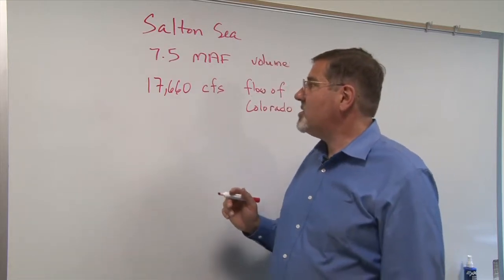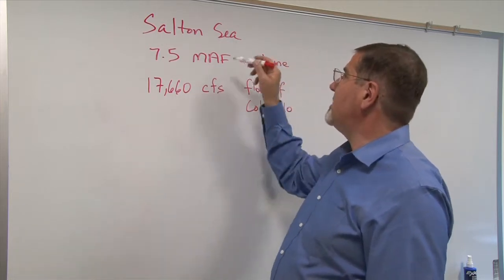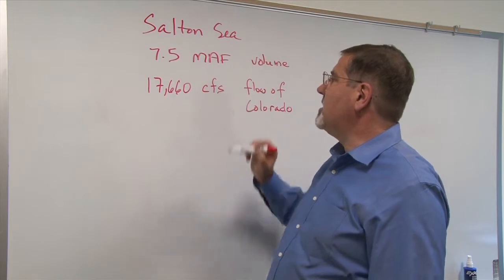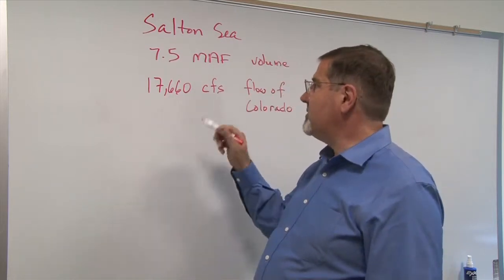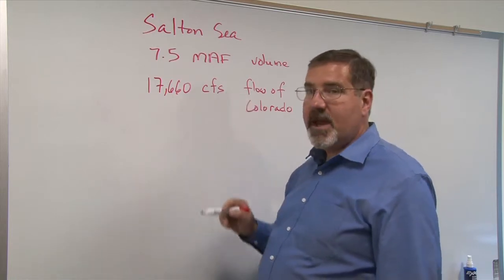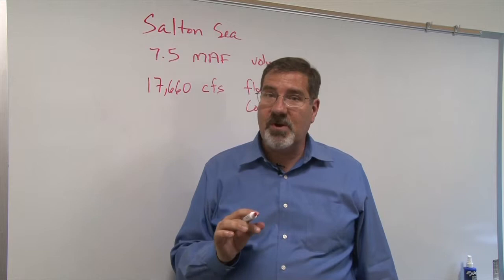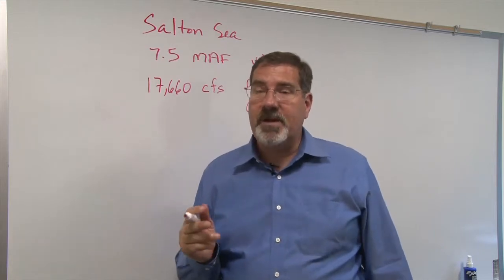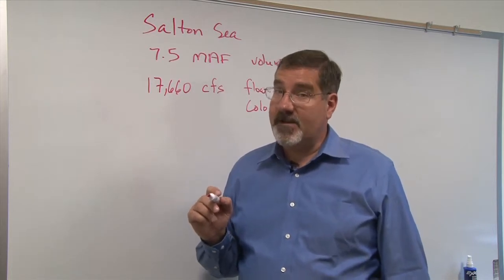So let's start doing some math, and basically what we have to do is some conversions to get million acre feet to align with cubic feet per second, and then we'll do some simple division. We'll turn seconds into days, and we'll have an estimate of how long it actually took for the Salton Sea to fill up. And that was back during the Great Flood of 1905.